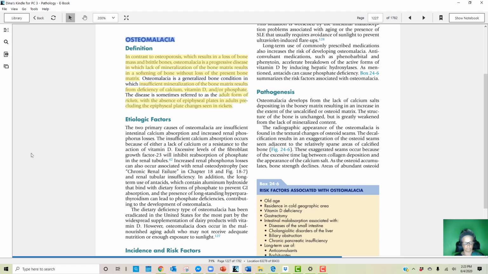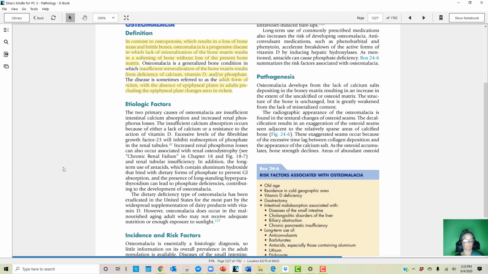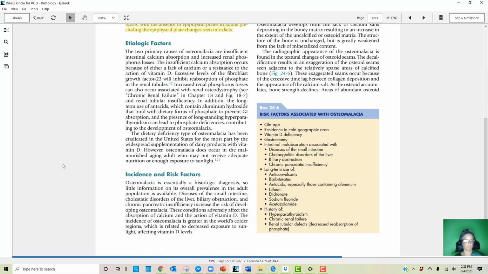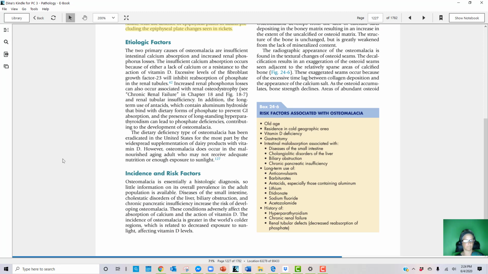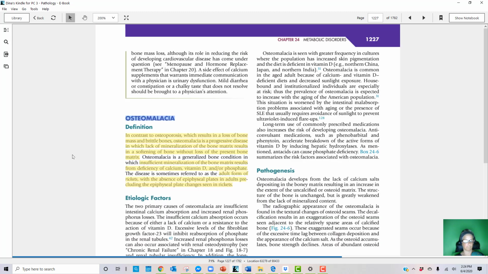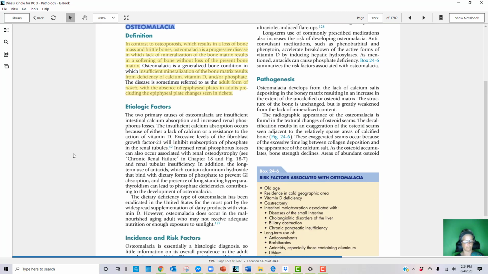Etiologic factors. The two primary causes of osteomalacia are insufficient intestinal calcium absorption and increased renal phosphorus losses. The insufficient calcium absorption occurs because of either a lack of calcium or a resistance to the action of vitamin D. Excessive levels of the fibroblast growth factor 23 will inhibit reabsorption of phosphate in the renal tubules. Increased renal phosphorus losses can also occur associated with renal osteodystrophy.